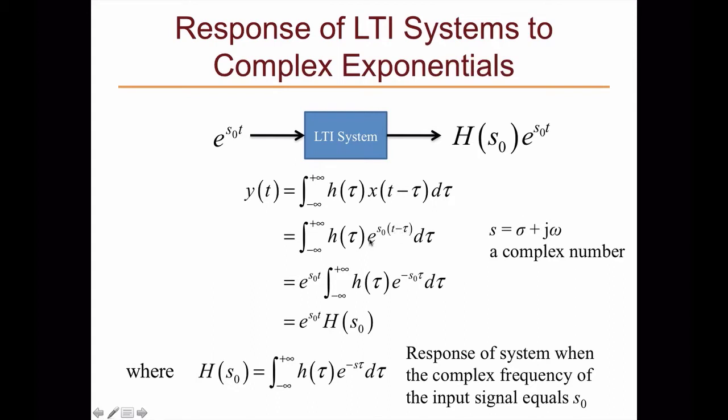You can see that e to the s0(t minus tau) actually consists of two terms, e to the s0t and e to the minus s0 tau. Since e to the s0t is not related to the integral variable, we can pull it out, giving e to the s0t times the integral from minus infinity to infinity of h(tau) e to the minus s0 tau d tau.